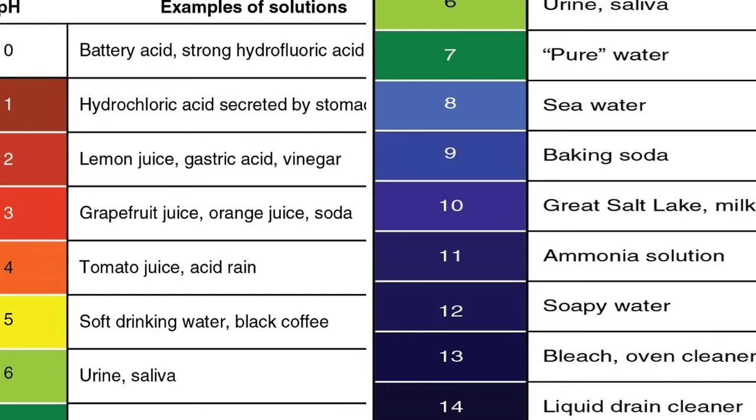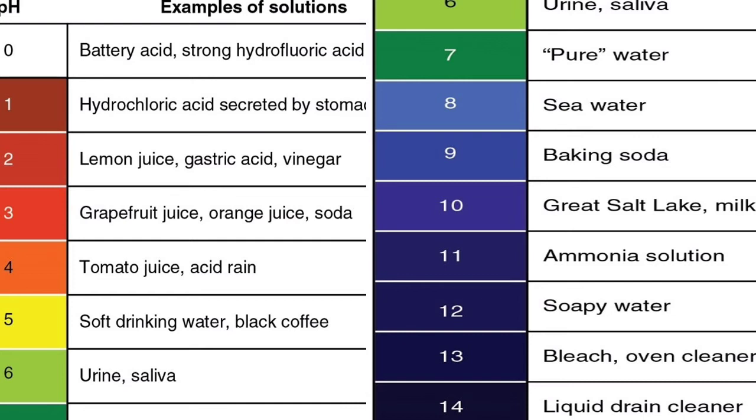In this table, some examples of solutions and their pH are shown. Hydrochloric acid secreted in our body shows a pH of 1. Urine and saliva are in the range of 6. Most of the secretions in our human body are acidic except human blood, which is basic.